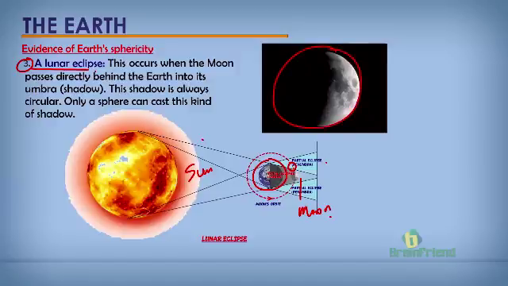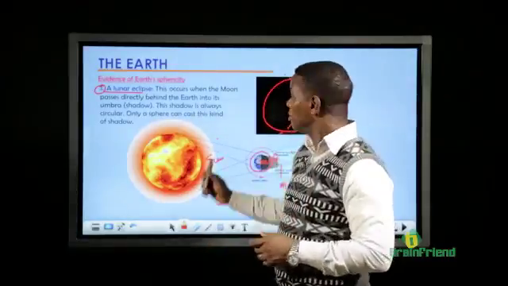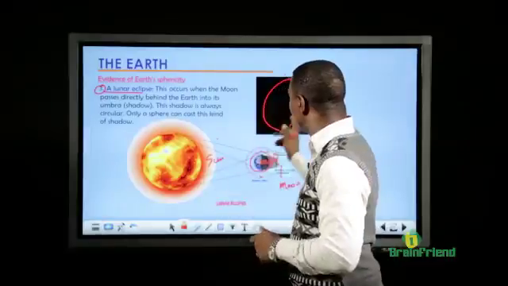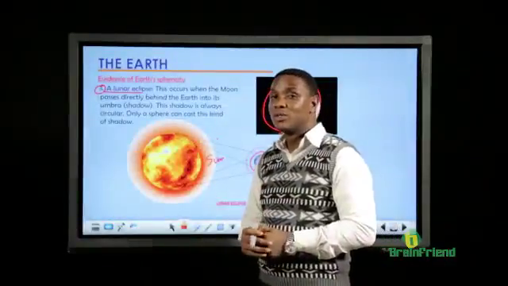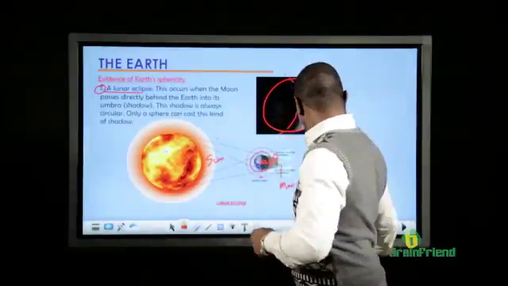Now, the shadow, if it is studied, we would notice that the shadow is circular in shape. This proves that the earth that produced the shadow must be a round object. No flat object can produce a round shadow. So once again, this proves that the earth is spherical and not flat.